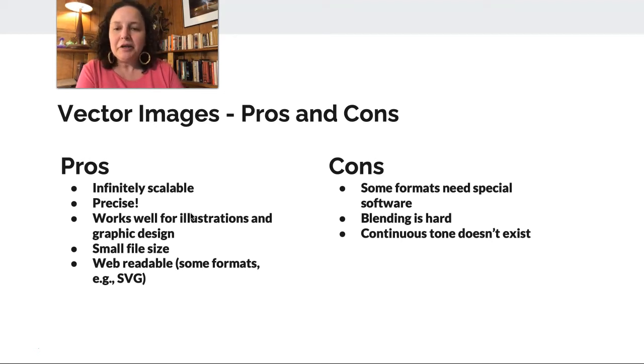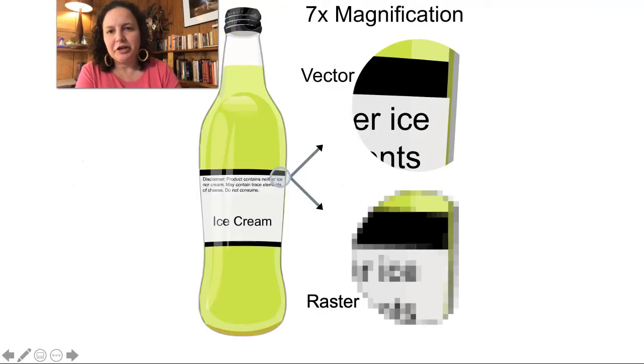Another benefit of vector files is that they're really small. For example, if this were a raster image and we saved it at exactly this resolution, it would probably be about a megabyte, so let's estimate about 1000K.